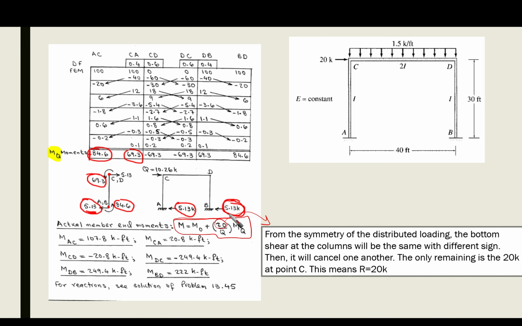This means that 5.3 plus 5.13 gives us Q, which is 10.26. This is the remaining piece of the puzzle for us, Q. That's it. Then we're going to apply this equation in order to obtain the actual member end moments as we have done in the previous example.